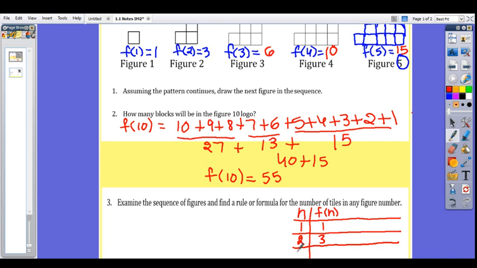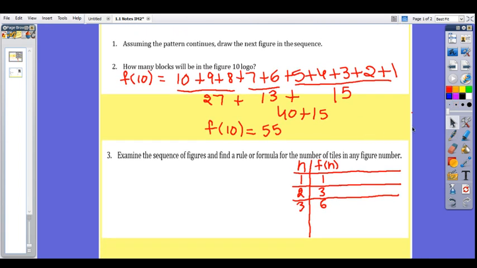And if it is three, then there's six of them. If there's four, then it's 10. If there are five, then there are 15 of them.